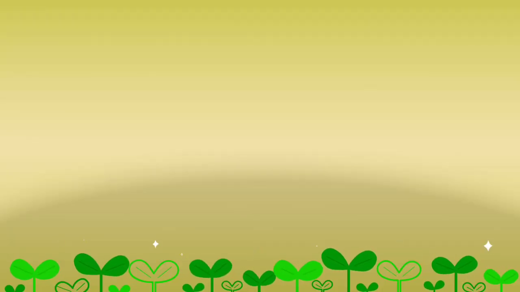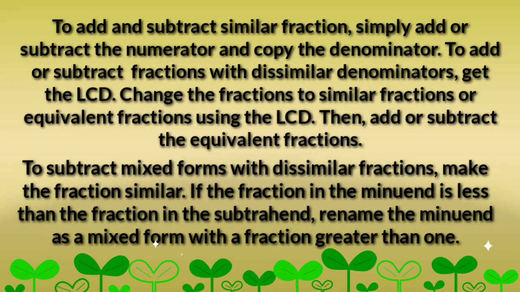Always remember that to add and subtract similar fractions, simply add or subtract the numerators and copy the denominator. To add or subtract fractions with dissimilar denominators, get the LCD. Change the fractions to similar fractions or equivalent fractions using the LCD.